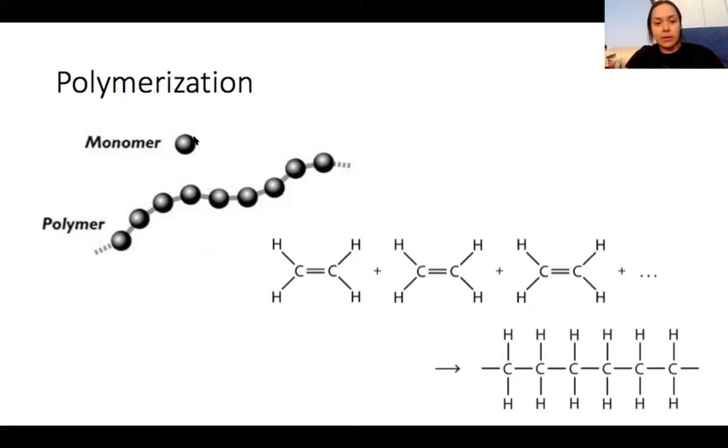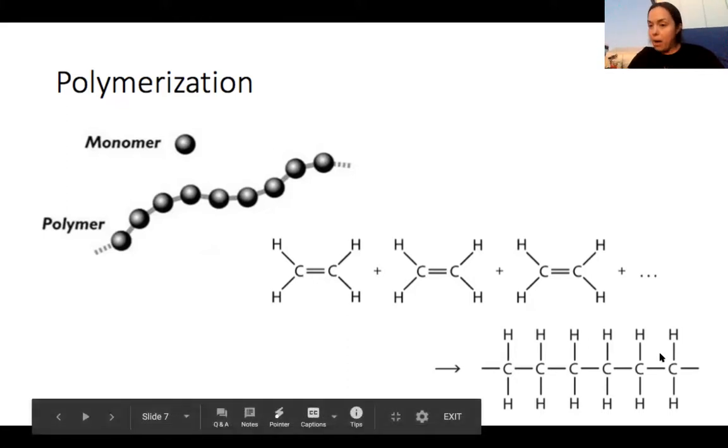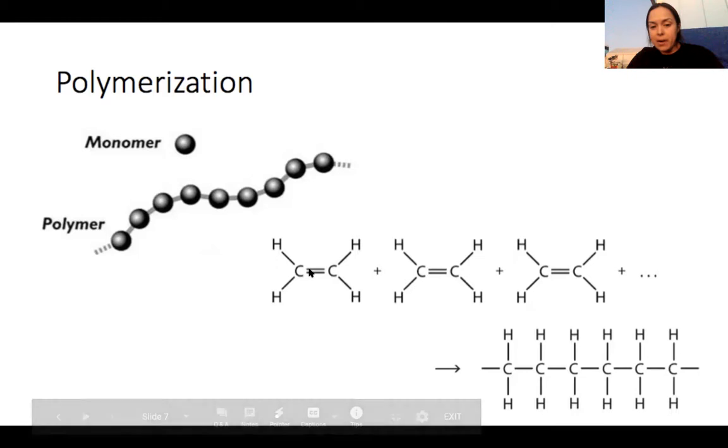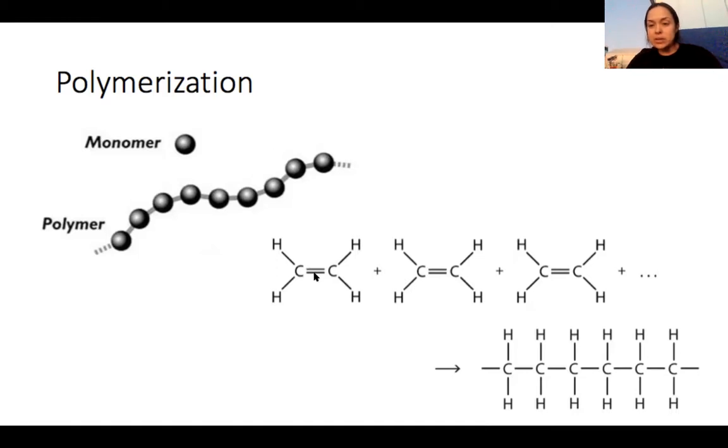And so here, our monomeric unit, one of the examples you had, was just an alkene, right? This is ethene. And we can take a bunch of ethenes and they can stick together and form a polymer. You can think about it in this double bond, right? 2 electrons make up a bond. So you have 4 electrons here. You can think that the electrons of one of these bonds breaks and then forms a bond between this carbon and its neighboring carbon.